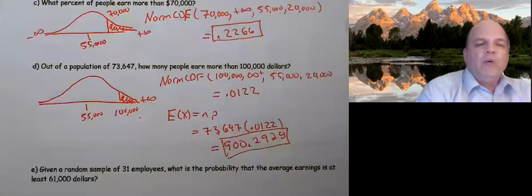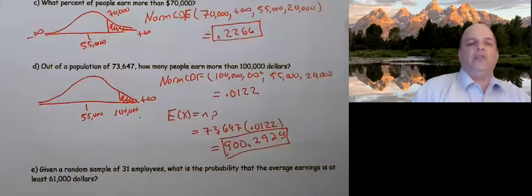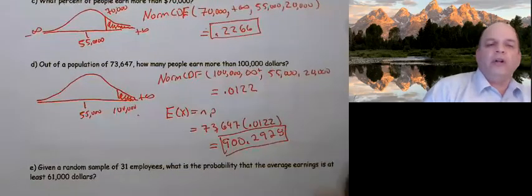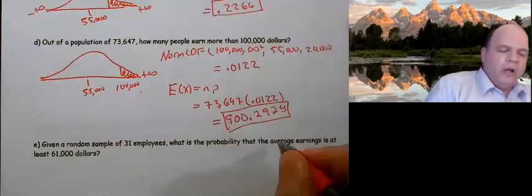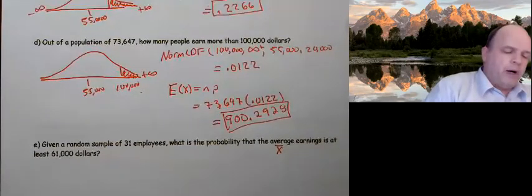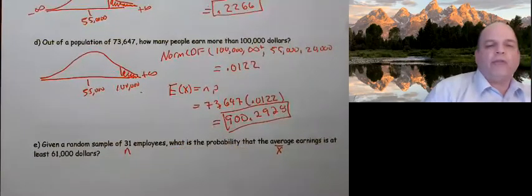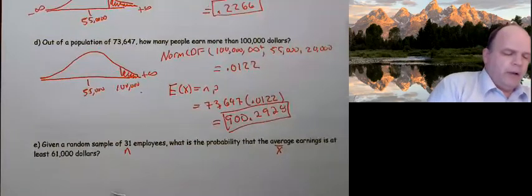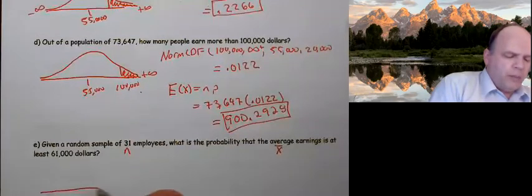Then it says, given a random sample of 31 employees, what's the probability the average earnings is at least $61,000? So they asked for the average, the X bar, and we have a sample size of 31. So this is going to be a little bit different.